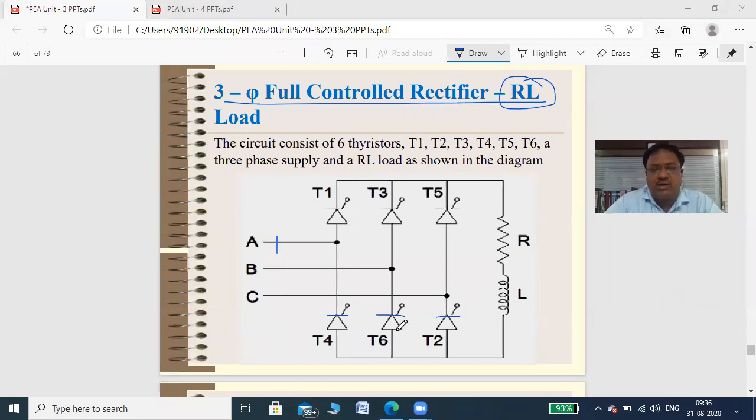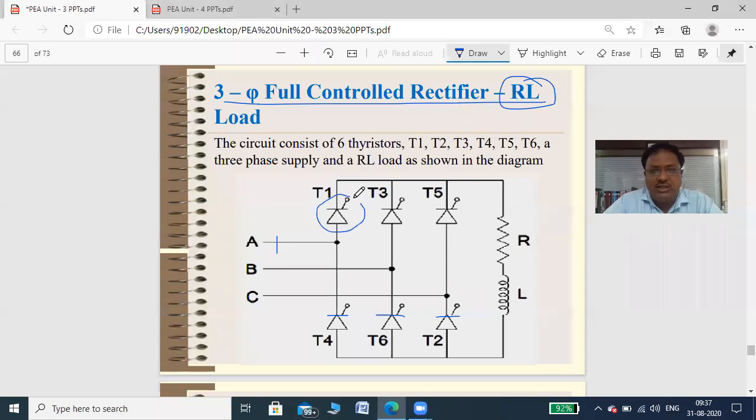So two SCRs conduct at a time, maybe phase A and phase B having the highest voltages. So T1 and T6 conduct, then T1 and T2, then T3 and T2, then T3 and T4, then T4 and T5, then T5 and T6, and so on. So at a time, two SCRs are conducting.